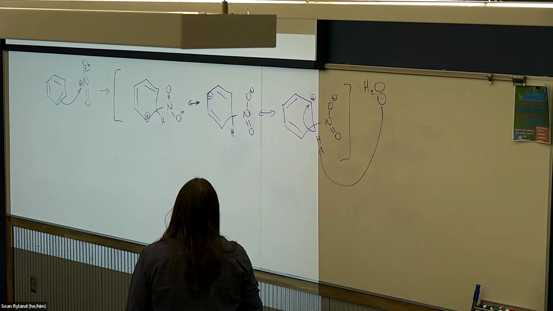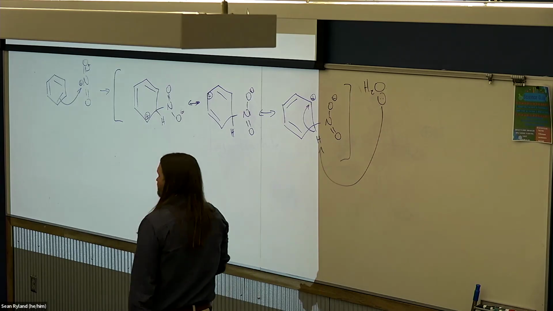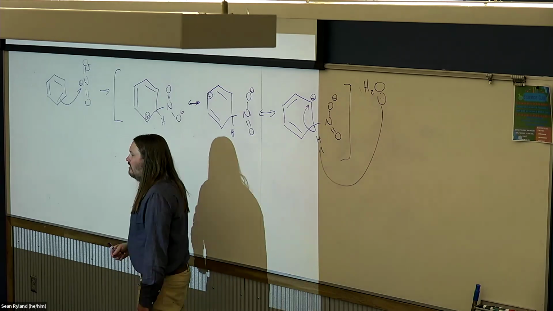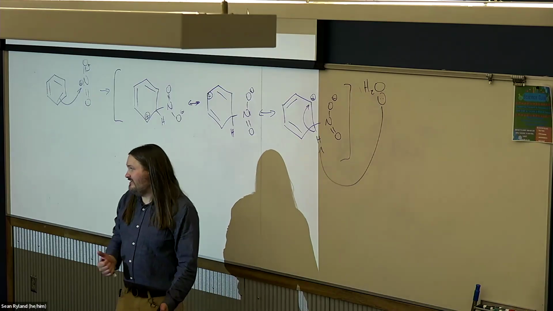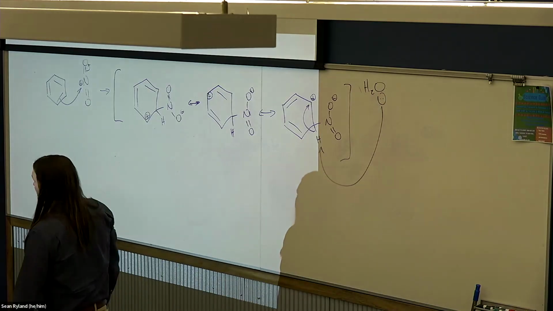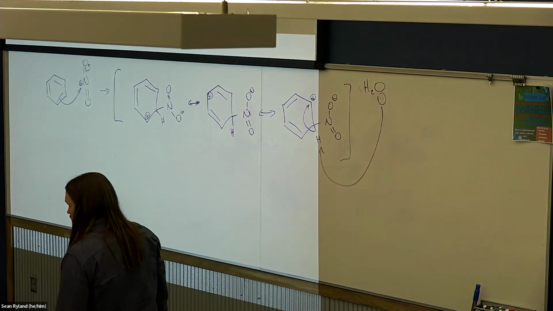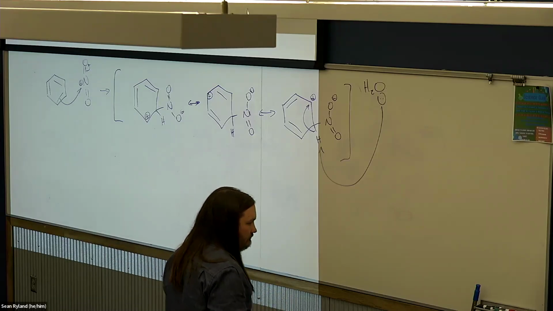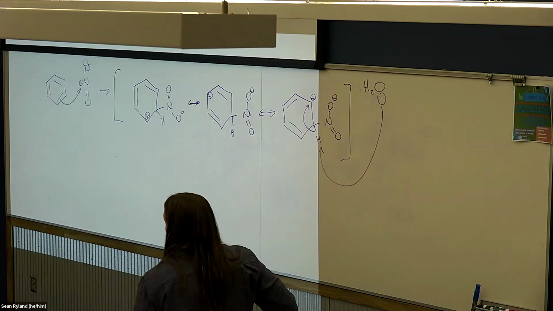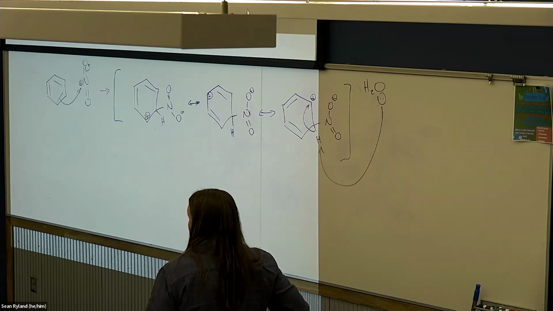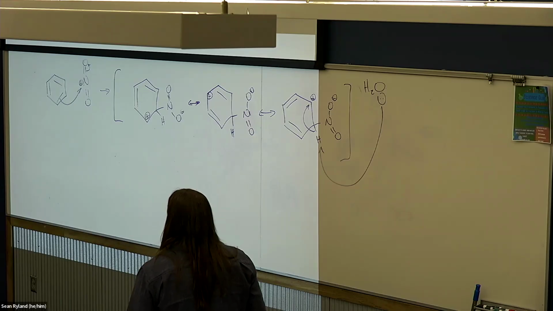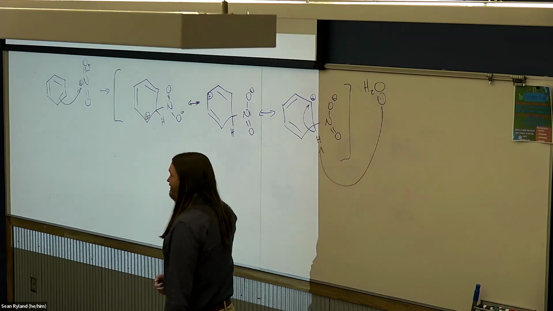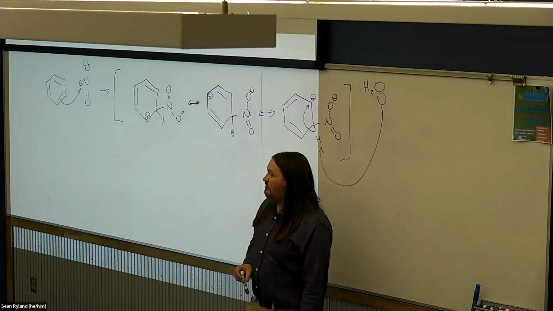We lose H2O because that's what we got from the reaction. Just because if we're using nitric acid, sulfuric acid is also water. So another fun fact. The combination of nitric acid and sulfuric acid does have its own name.